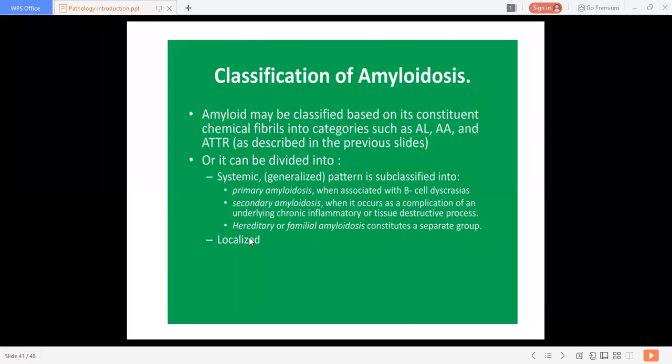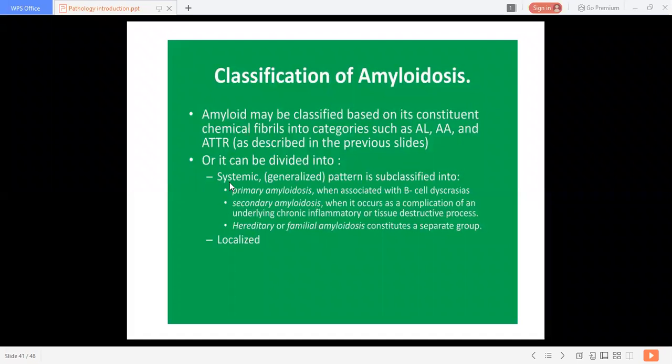The systemic is a generalized pattern which is subclassified into generalized primary amyloidosis, generalized secondary amyloidosis, then hemodialysis associated amyloidosis, which is not given in this slide, and the fourth one is hereditofamilial amyloidosis.